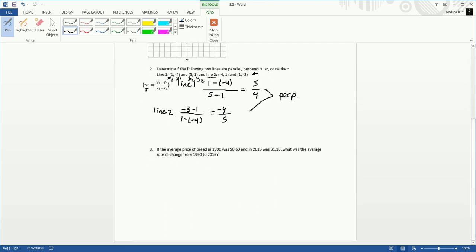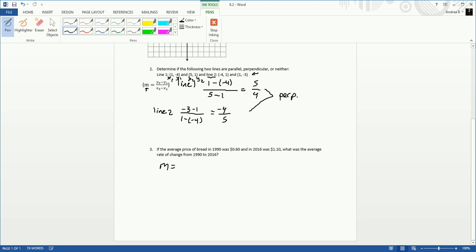For number 3, if the average price of bread in 1990 was 60 cents and in 2016 was $1.10, what was the average rate of change from 1990 to 2016? So here, whenever you're finding that average rate of change, it really is talking about the slope once again. So we can use m for the slope here.